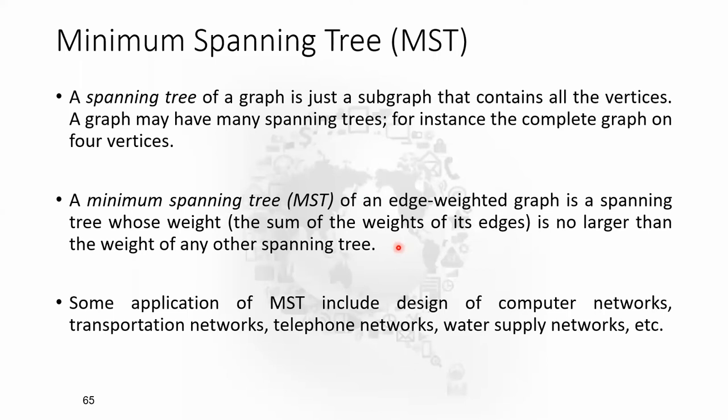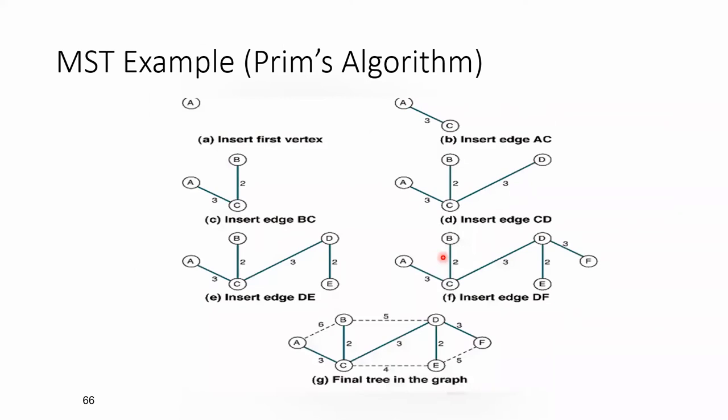So what is it used for? Applications of MST include the design of computer networks, transportation networks, telephone networks, water supply networks, and so on. This is an example where you draw out the spanning tree with Prim's algorithm.